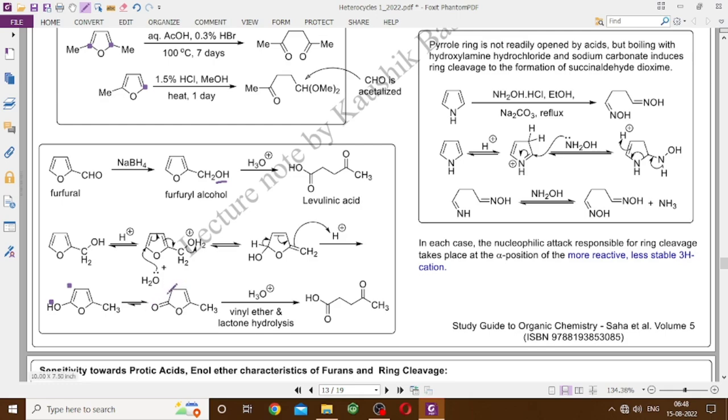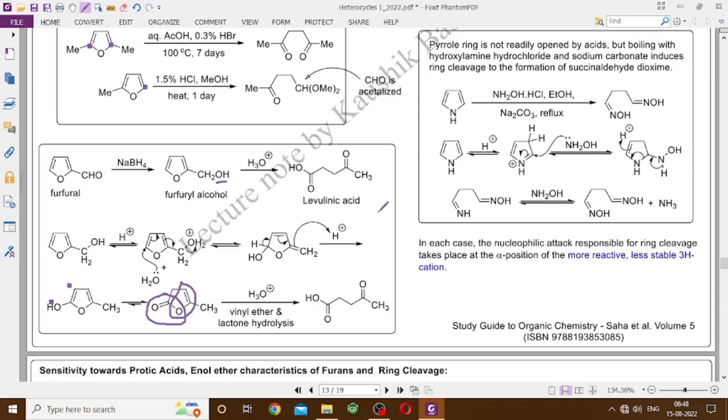From the left side this is a lactone, from the right side this is a vinyl ether. So in the presence of this H3O plus, this will undergo hydrolysis of both these moieties to reveal the carboxylic acid on the left side and the keto methyl group from the right side.